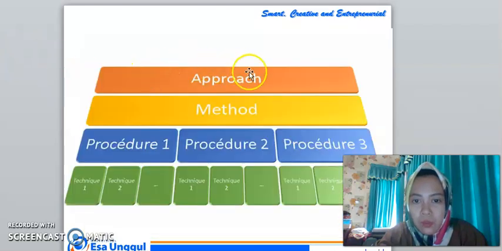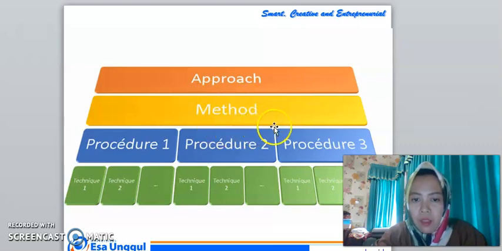So here is the approach, and we use a method, for example, cooperative learning. Cooperative learning is the method, because methods deal with the more practical nuts and bolts.